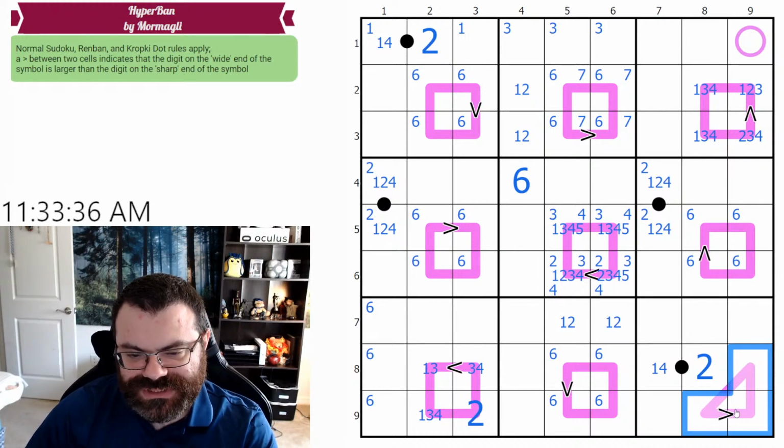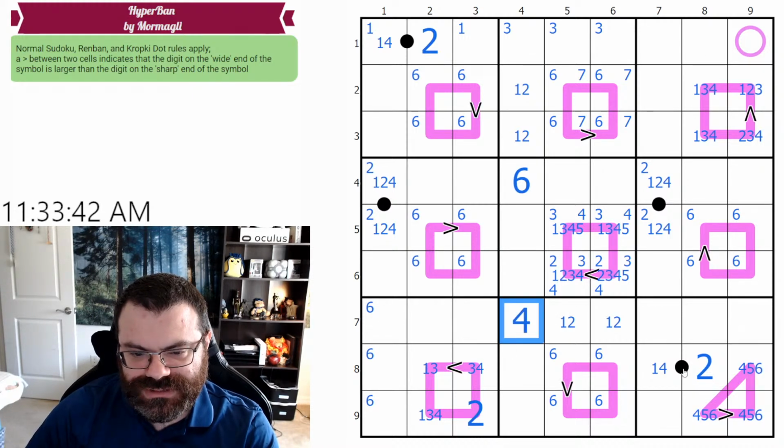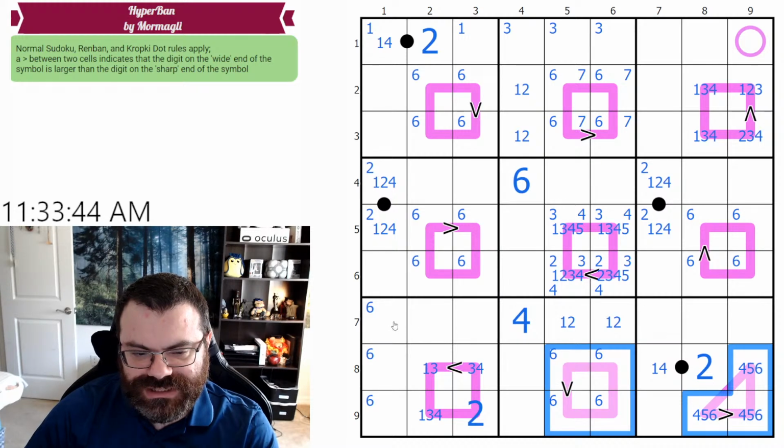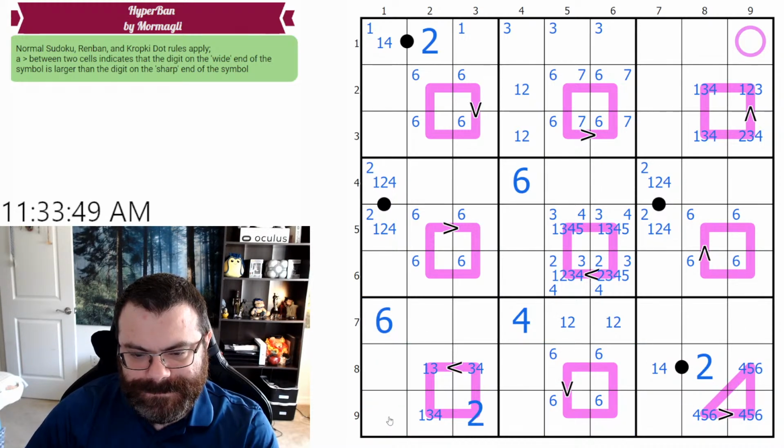If this was 4, 5, 6, we'd have the 4 here. These 6s would line up, and this would be a 6. I don't see a problem.